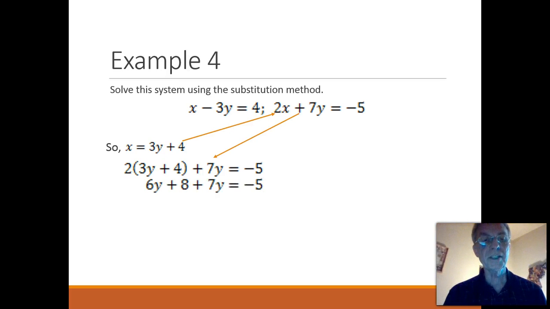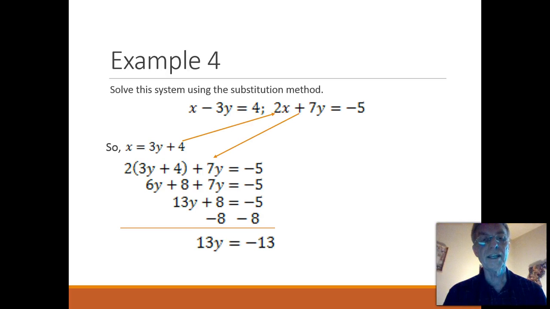That's going to give me 6y plus 8 plus 7y equals negative 5. Combine the like terms, so that I'm going to add the 6y and the 7y. That gives me 13y plus 8 equals negative 5. I'm going to subtract the 8 from both sides. Gives me 13y equals negative 13. So I divide that out, so y is equal to negative 1.